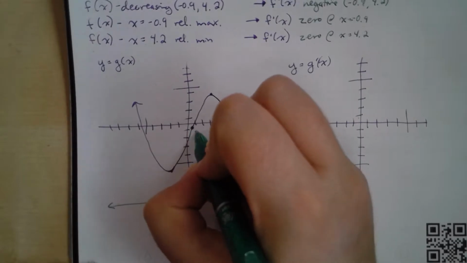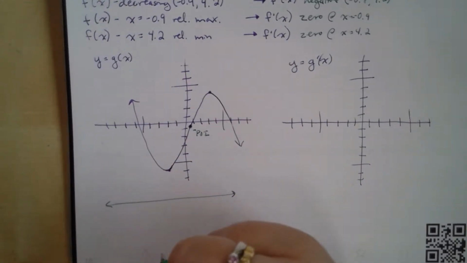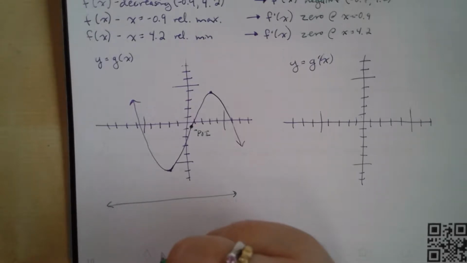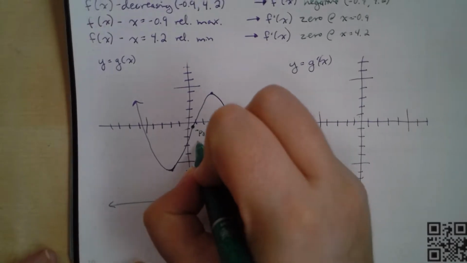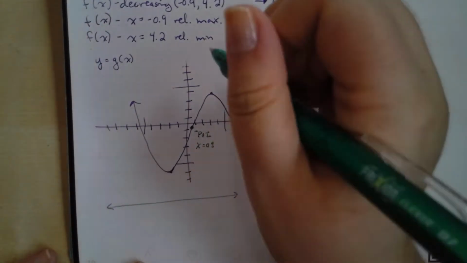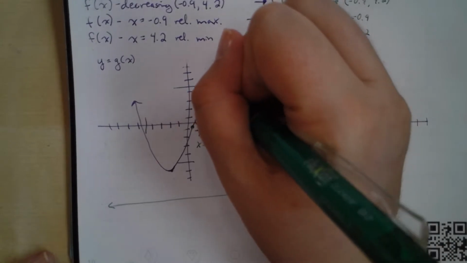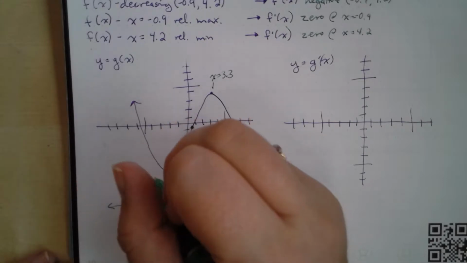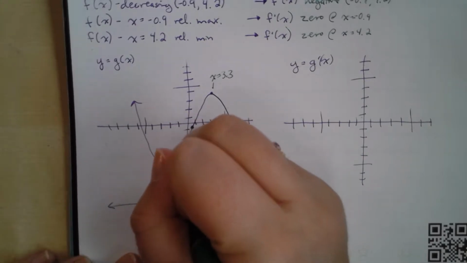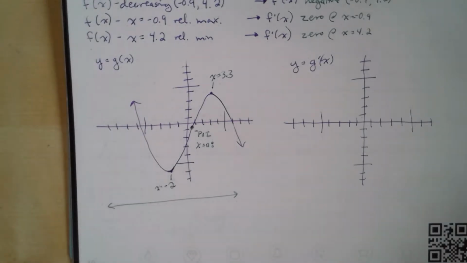It looks like we have a point of inflection at, I don't know what that is, maybe 0.8. Here is about 3.3. Here is about negative 2. These points are going to be pretty important to us.